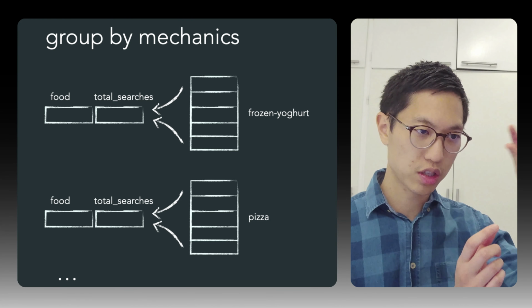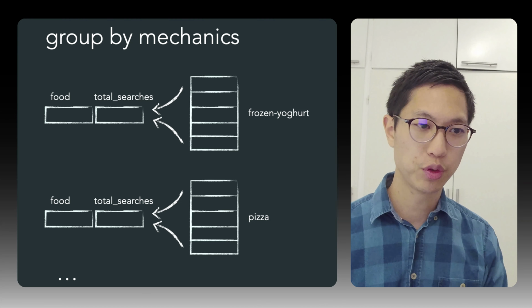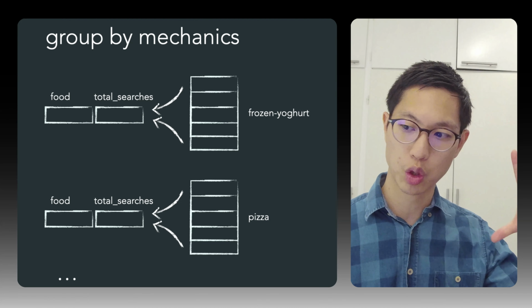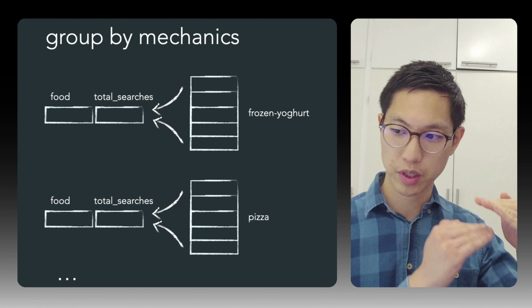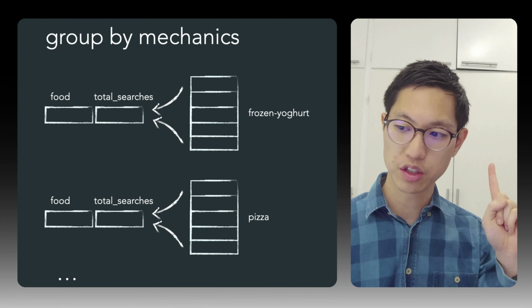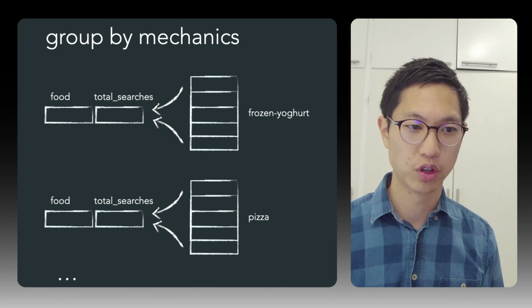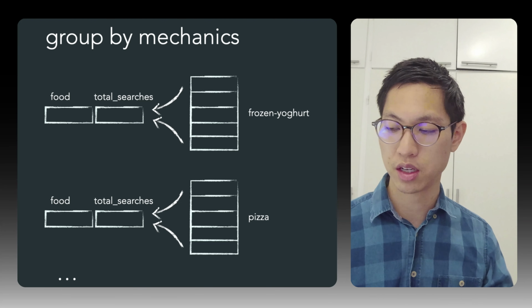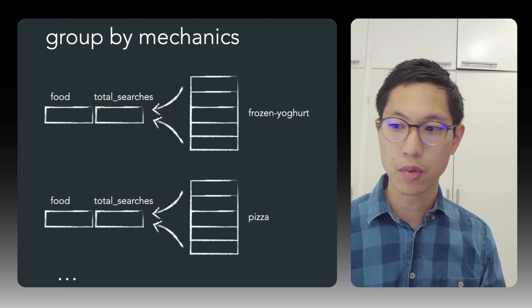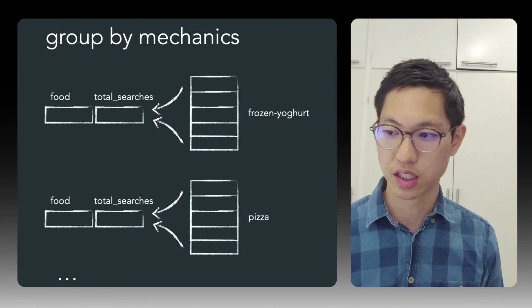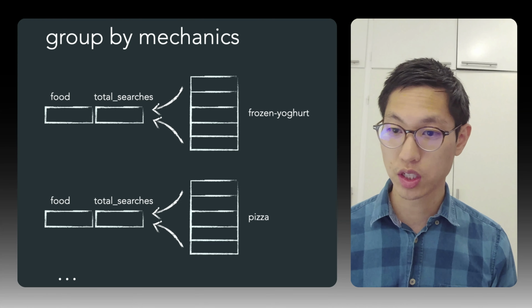We have several food categories with a lot of rows, and all these rows will be condensed to one row for each food category. And then all the number of searches for this food category will be aggregated with a sum. What we will get is what's in this picture here. Let's code this out.